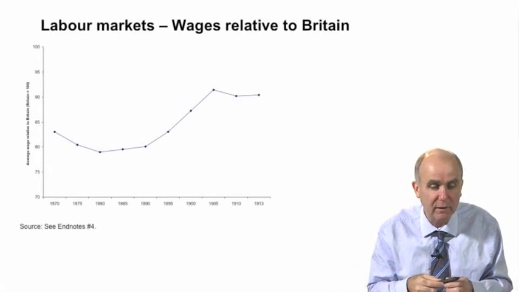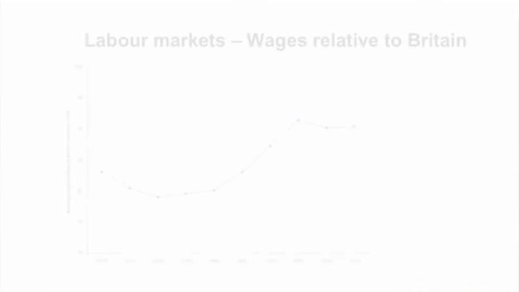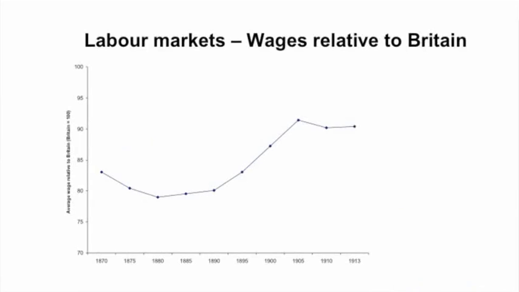We also get narrowing wage differentials. So this is the average wage in different countries relative to Britain, and you can see that during the period from 1870 through to the early 20th century, basically there's this pattern of, on average, a select group of other countries, their wages converging towards the wage in Britain increasing.